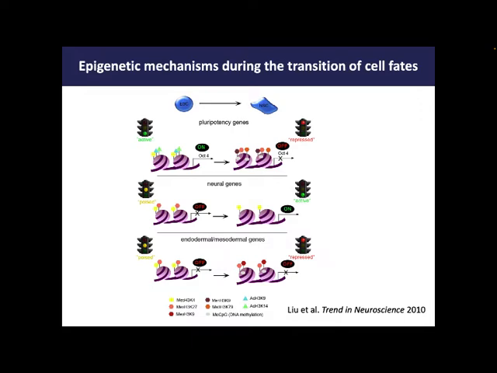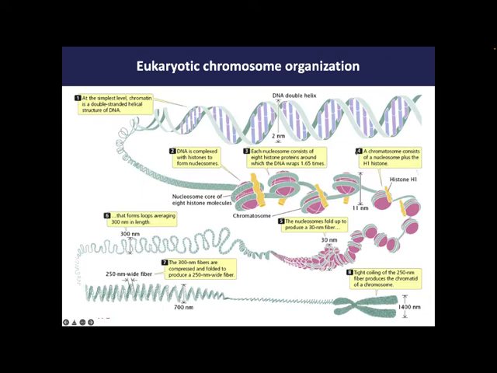As you know, the genetic information encoded in the DNA sequence is tightly packed inside the eukaryotic cell. So this is a general description of eukaryotic chromosome organization. As you see here, the DNA double helix is coiled very tightly and wrapped around the nucleosome, the histone proteins.